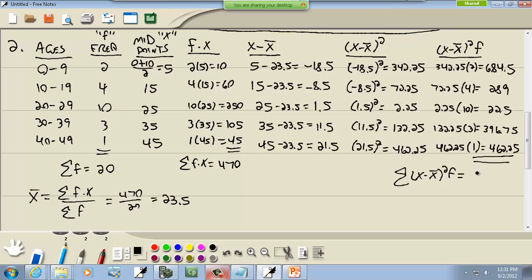Oh, that's weird. 1855 comes out nice. Assuming I typed everything in correctly, which is always questionable. These are so easy to make a mistake on.